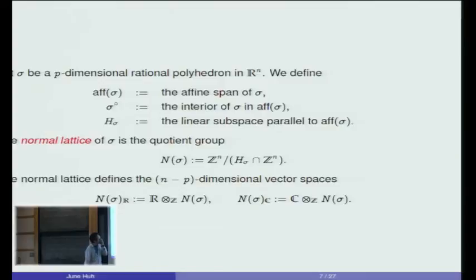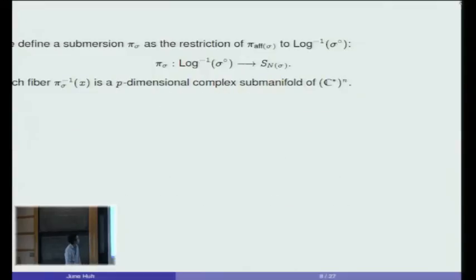And as in the theory of toric varieties, it defines a certain lattice that I'll call the normal lattice, which is defined as a quotient of Z to the n by the lattice of H sigma, the linear subspace parallel to the affine span. So there are a corresponding real vector space and a complex vector space. And this sigma defines the projection pi sigma that we saw before.